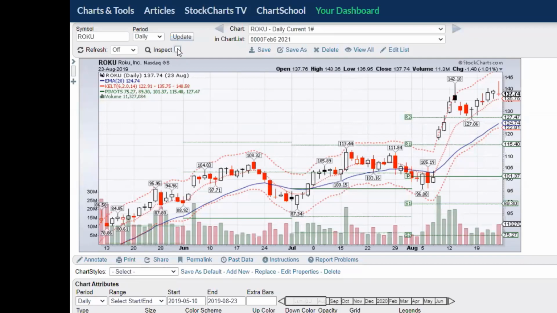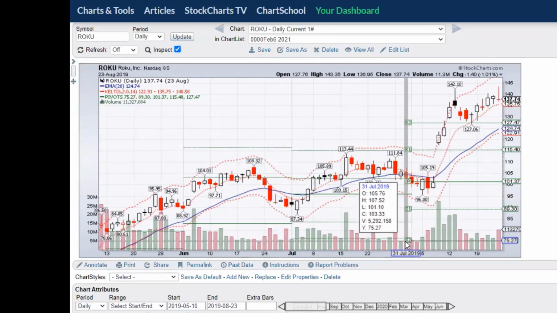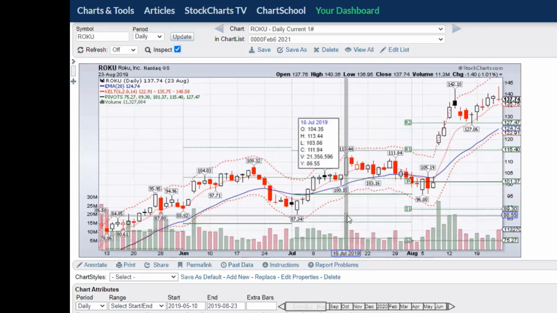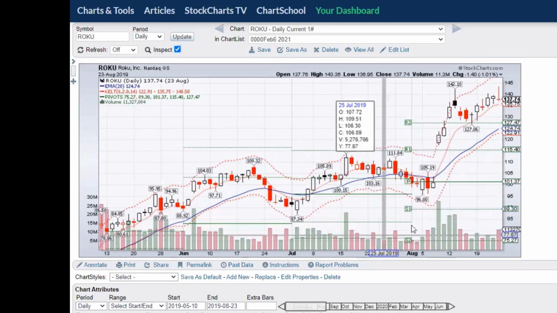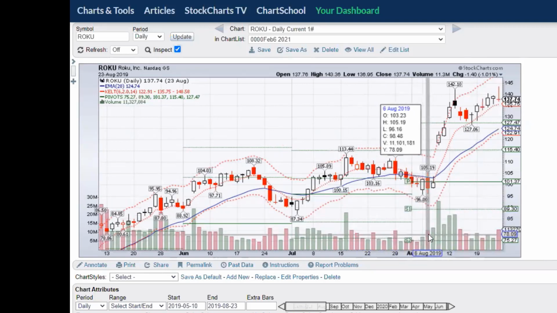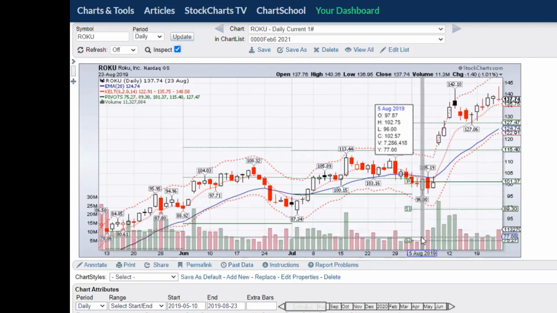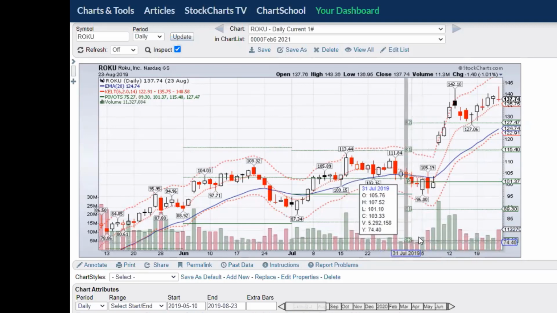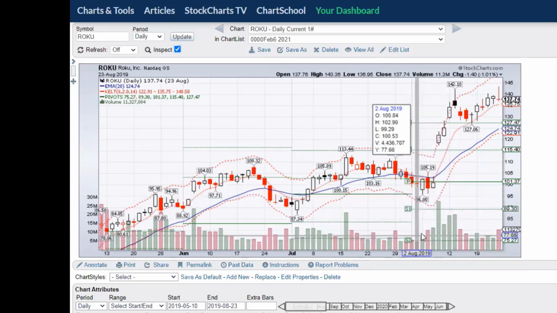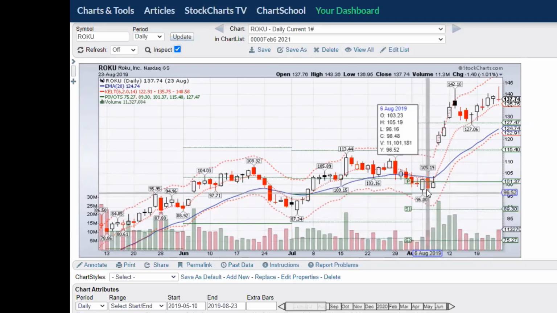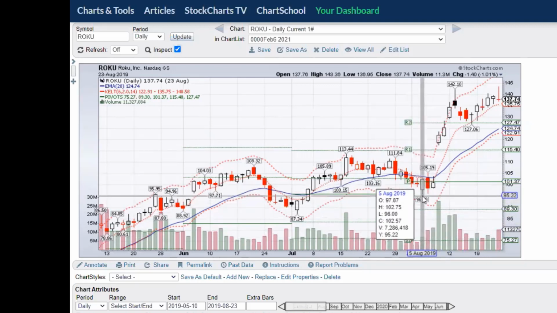In Roku's case, it was down here at 5.2, 5.3 million as opposed to 21 million. So of course, the next boost to the upside, once again the volume started coming up. We had a volume day here of 7 million, so it was above the last 4 days. That's a good sign. And the market was still consolidating, made a low of 96.